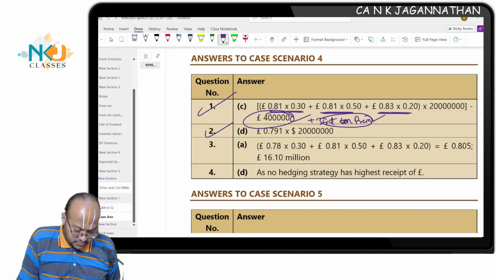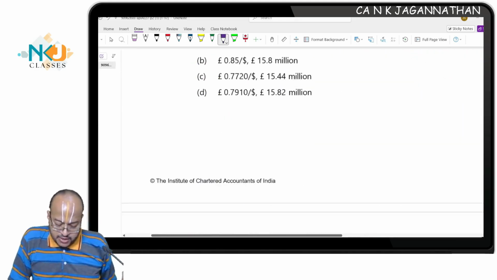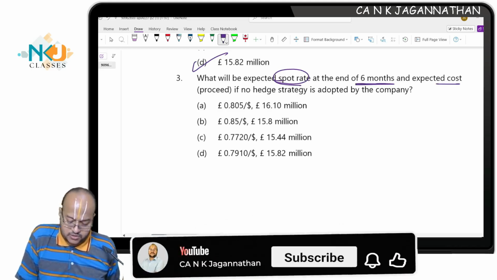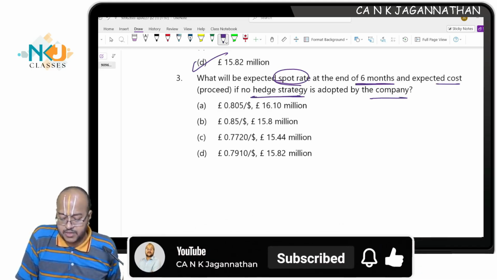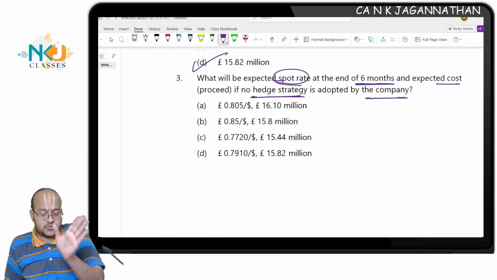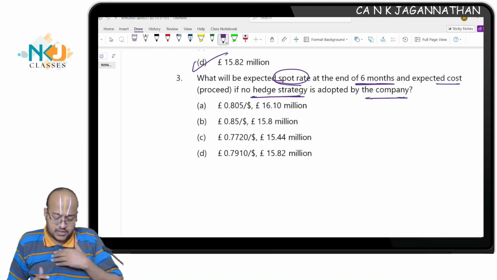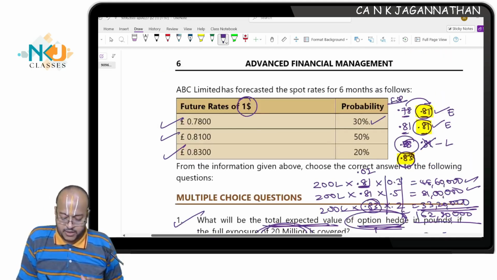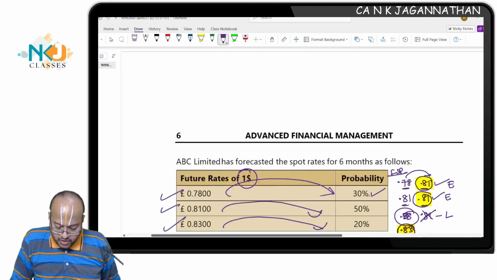Now, next. What will be the expected spot rate at the end of 6 months and expected cost if no hedge strategy is adopted by the company? Very simple here. The rates we have to consider, you apply the respective probability and find out the expected spot rate.